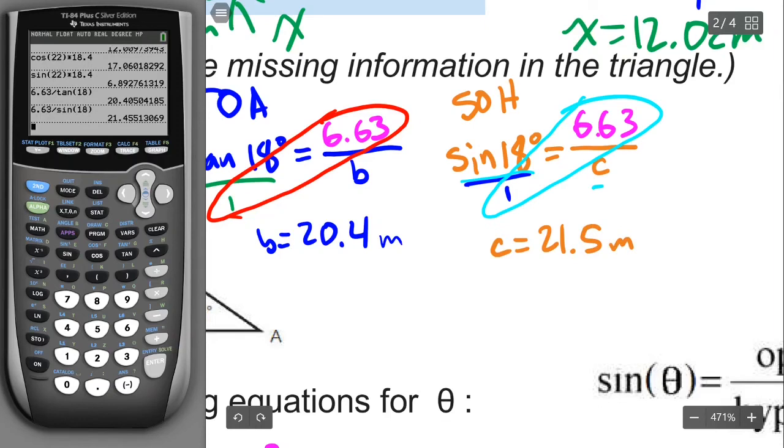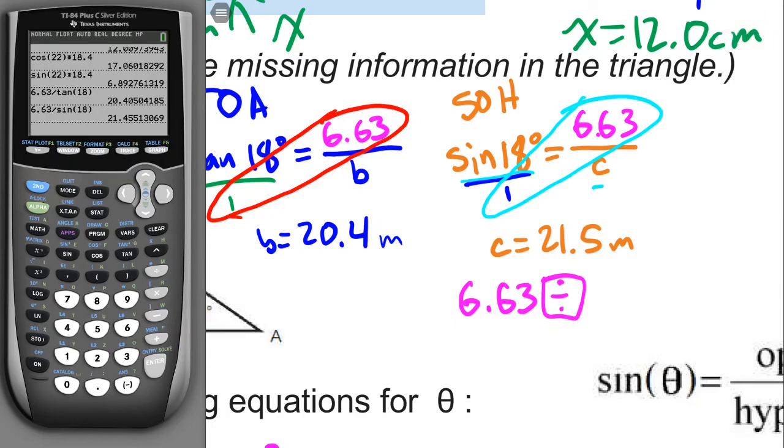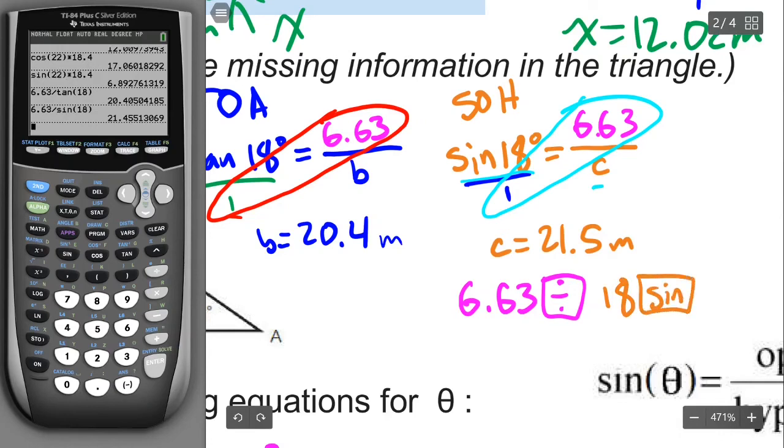Now, if you've got a backwards calculator, this is actually a little bit confusing, because what you need to do on a backwards calculator is 6.63 divided by, but then the way you do sine of 18 is you actually need to say 18 and then hit the sine button. But you aren't done yet, because if you hit 18 and the sine button, even in the middle, like right here, that actually just shows you the sine of 18.